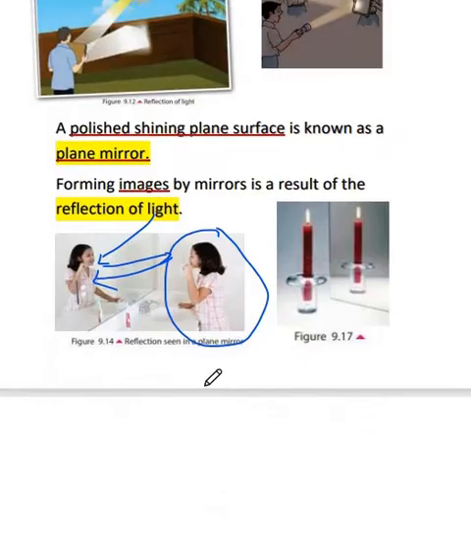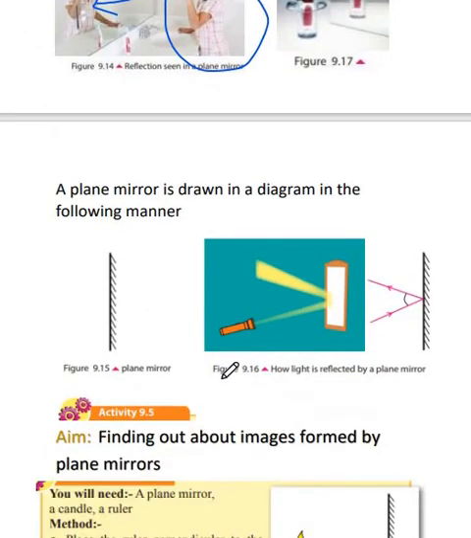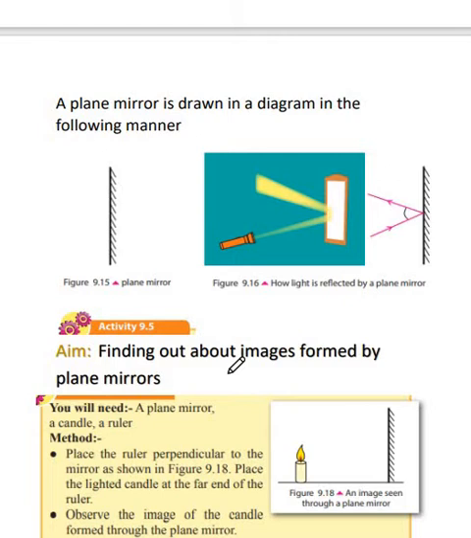Okay guys? So normally, if they say to draw a ray diagram, or to draw a plane mirror, or to draw a standard plane mirror, this is how you should draw a mirror.